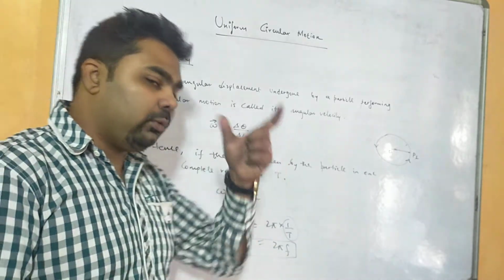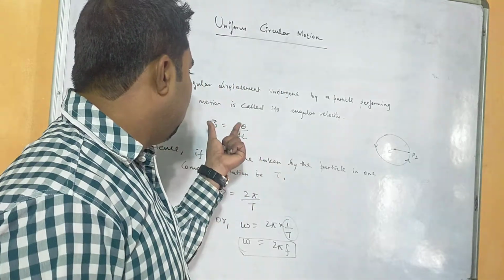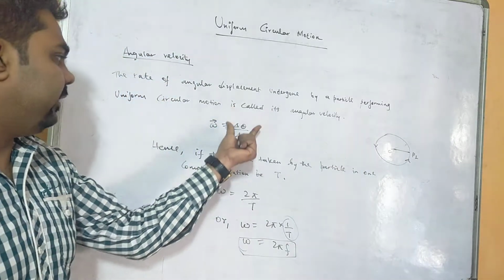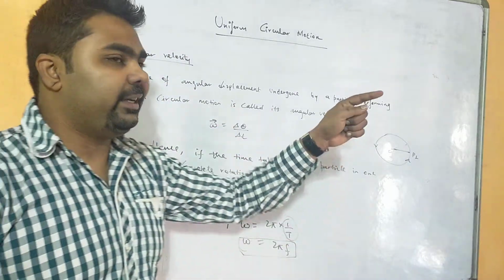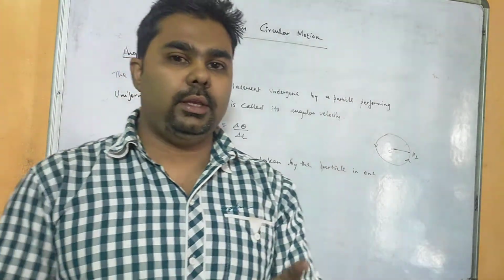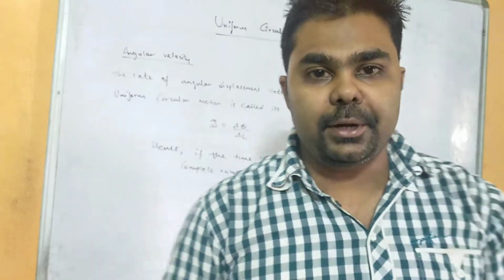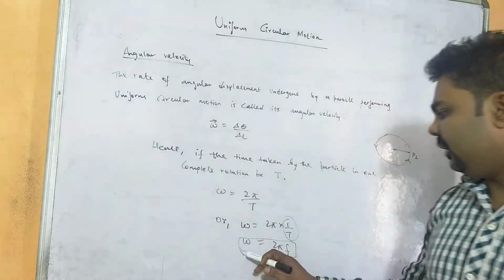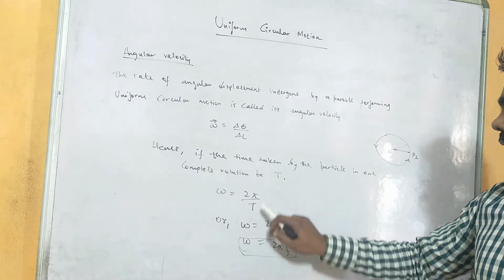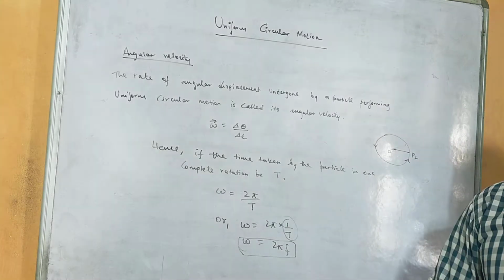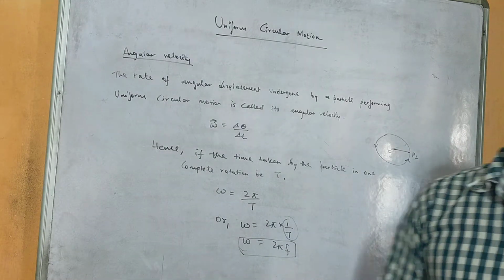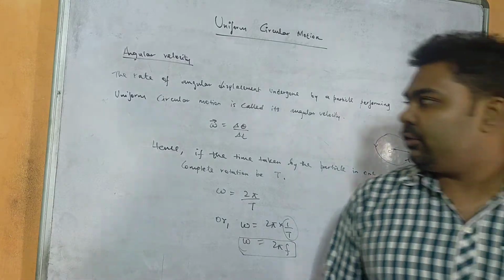So these are the formulas which will be used in numericals. So this was angular velocity, that means del theta by del t, and when a particle makes one complete rotation, if I consider the total time be capital T, then omega will be 2 pi by T or 2 pi f, right? So what is the relation between linear velocity and angular velocity?